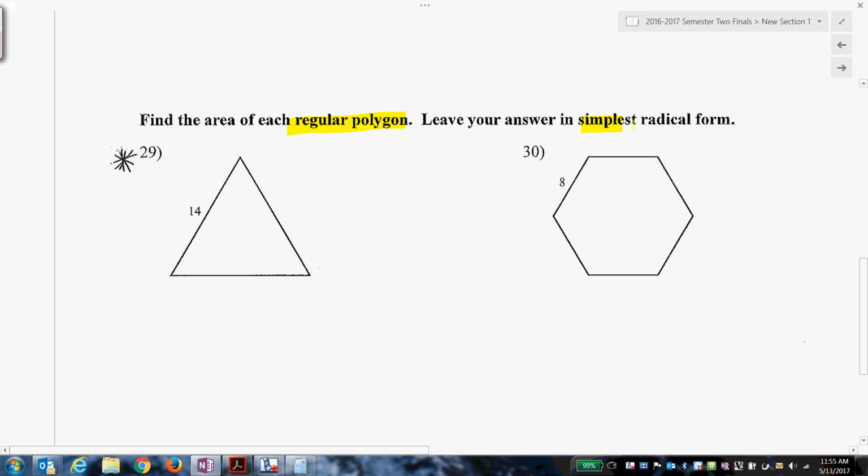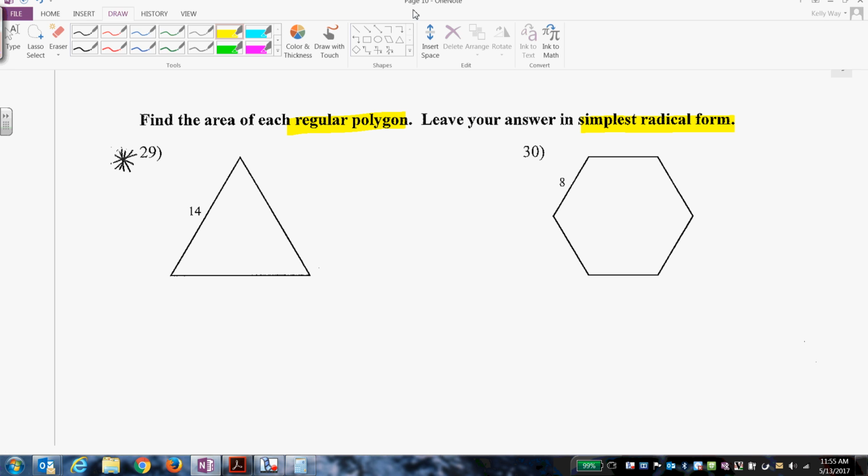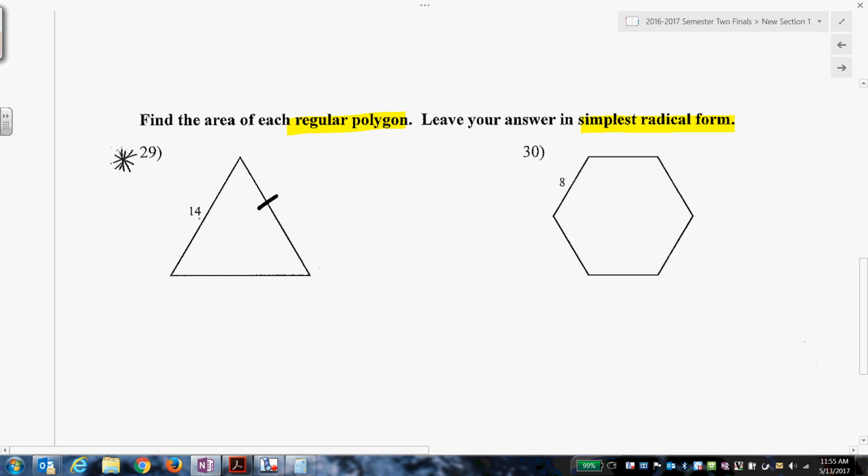Leave your answer in simplest radical form. Remember, the word regular means all the sides are equal. You're going to leave your answer in the simplest radical form. Well, how do we find the area of a regular polygon?